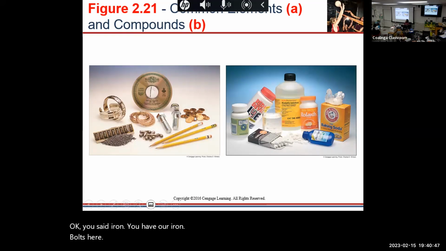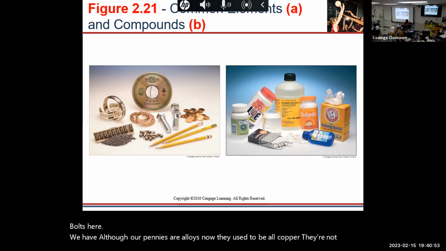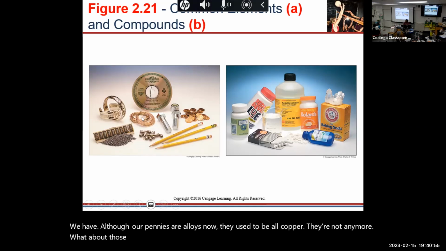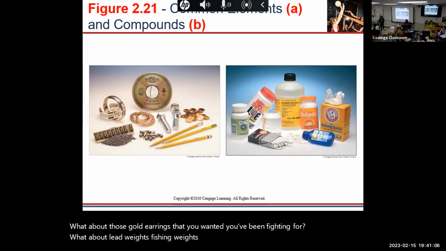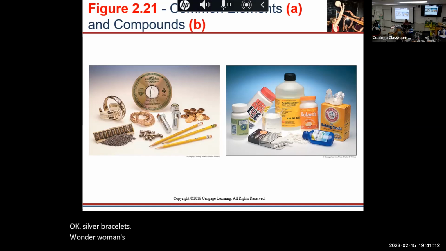Although our pennies are alloys now, they used to be all copper. What about gold earrings? What about lead weights, fishing weights, really lead? Silver bracelets, the Wonder Woman bracelets. Those are all examples of elements.